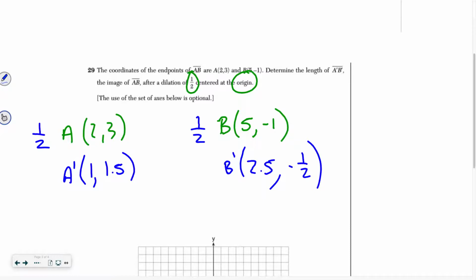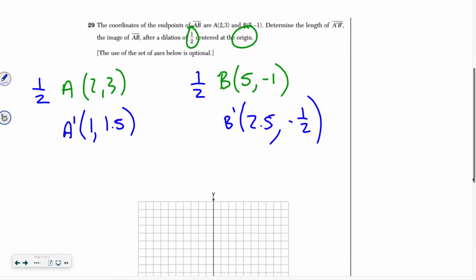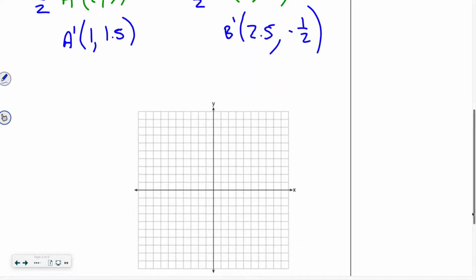Okay? So you could potentially take this graph down here and plot your points, A prime, B prime. So I'll do that. Okay, so I have 1 on the x-axis and 1.5 on the y-axis. So I'll put 1.5 here. And then we'll call this A prime.